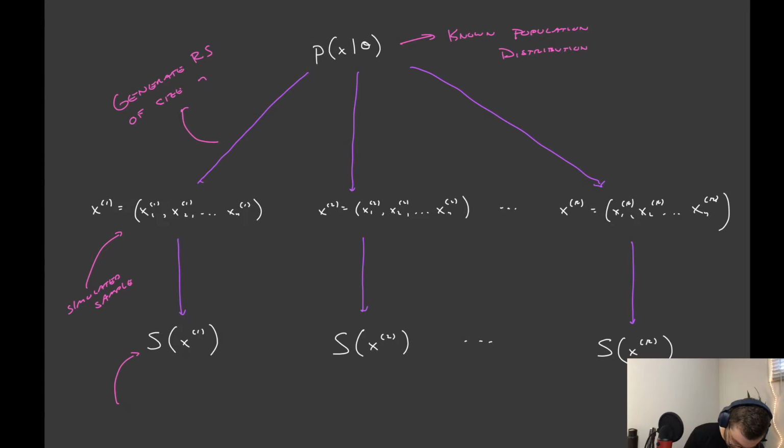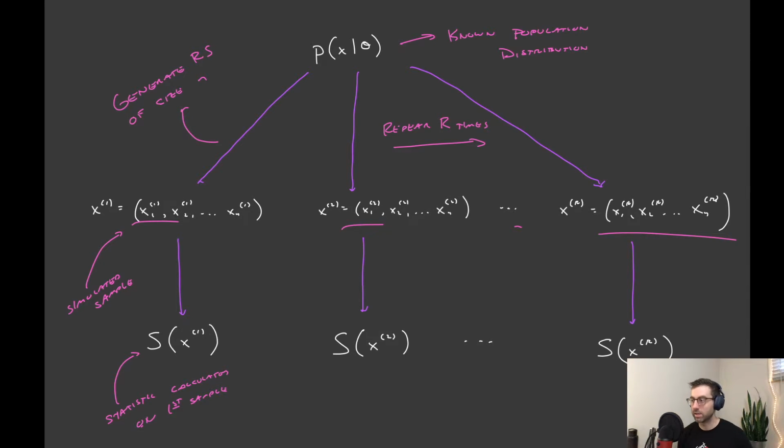So this is the statistic calculated on the first sample. And then we just repeat this process a bunch of times. I'm using R for the number of times we repeat this, so we have 1, 2, and so on up to R samples.